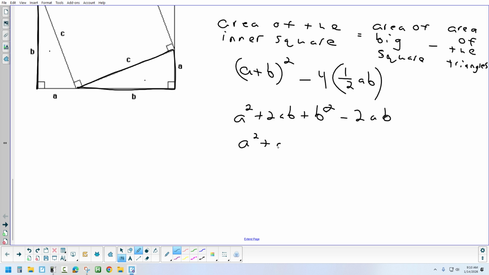And what does that represent? What is a squared plus b squared? We just calculated what? Well, what we just did all this work to figure out a formula for, what does this tell me in this picture?